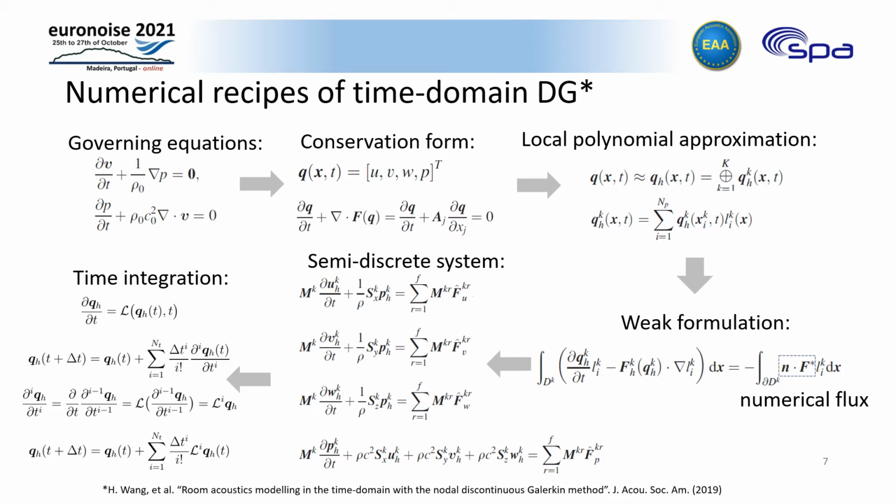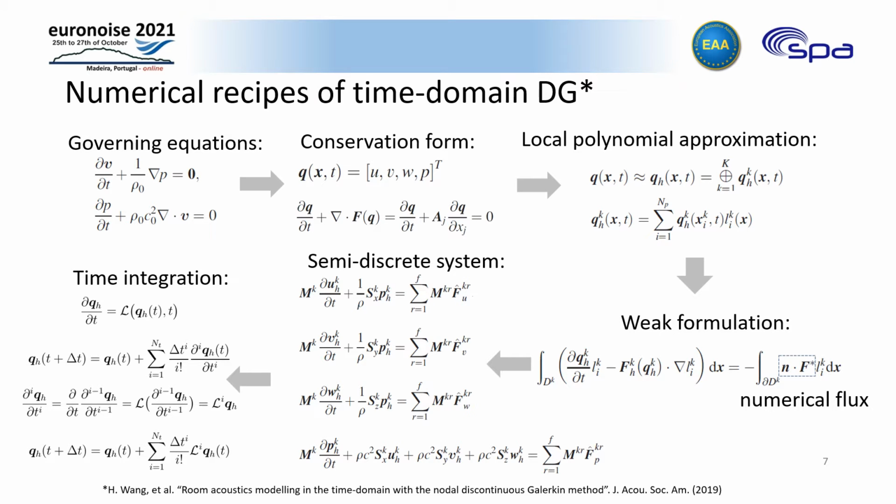In this slide, I will briefly introduce the main ingredients of the wave-based time domain discontinuous Galerkin scheme, which is used to numerically solve the governing linear acoustic equations. As a first step, the equations are rewritten in a conservation form. Then, the unknown solutions inside each of the elements that tessellate the computational domain are approximated with local polynomial approximations.